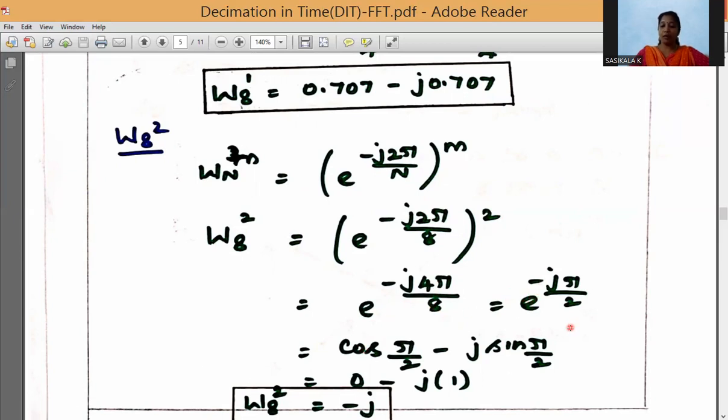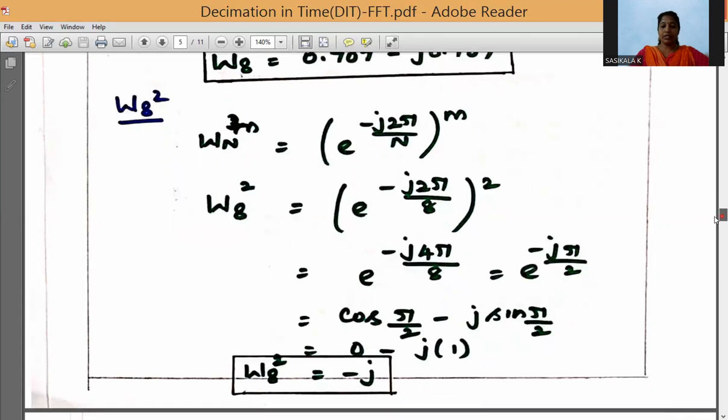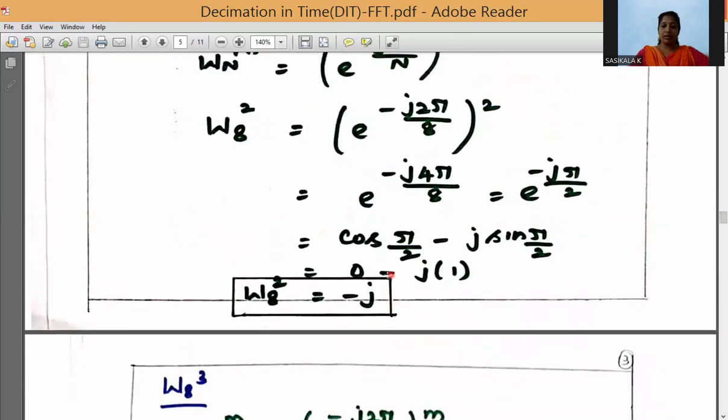Already we know the formula e power minus j theta is equal to cos theta minus j sin theta, and here the theta value is pi by 2. So substitute cos pi by 2 minus j sin pi by 2. Cos pi by 2's value is 0, minus j into 1. So j into 1 is j, and here I am having minus. So W8 power 2 is equal to minus j.